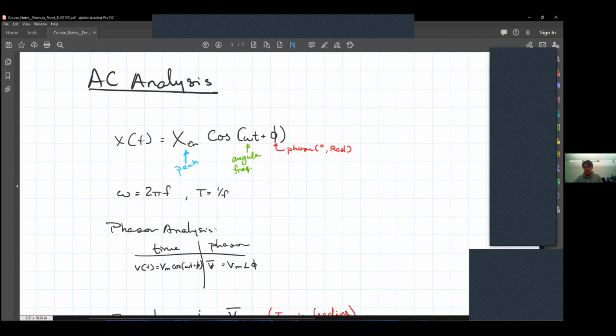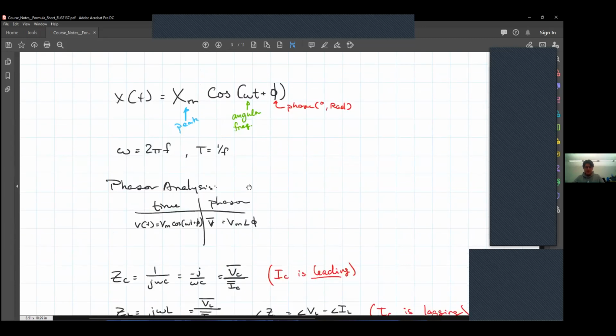So you have its peak or its magnitude. You have the cosine of an angular frequency and a phase, which can be given in degrees or radians. An angular frequency is simply the radian constant, so 2 pi multiplied by frequency, or divided by the period, where the period is 1 over the frequency.